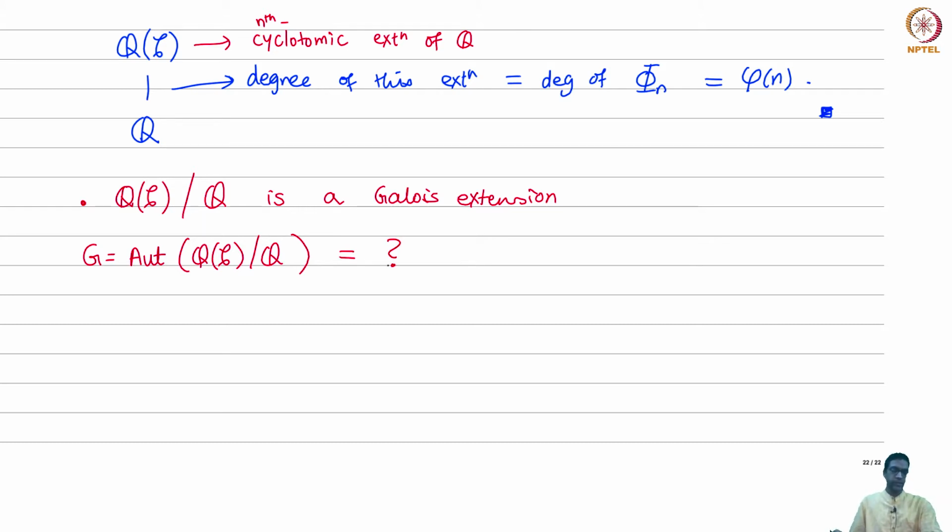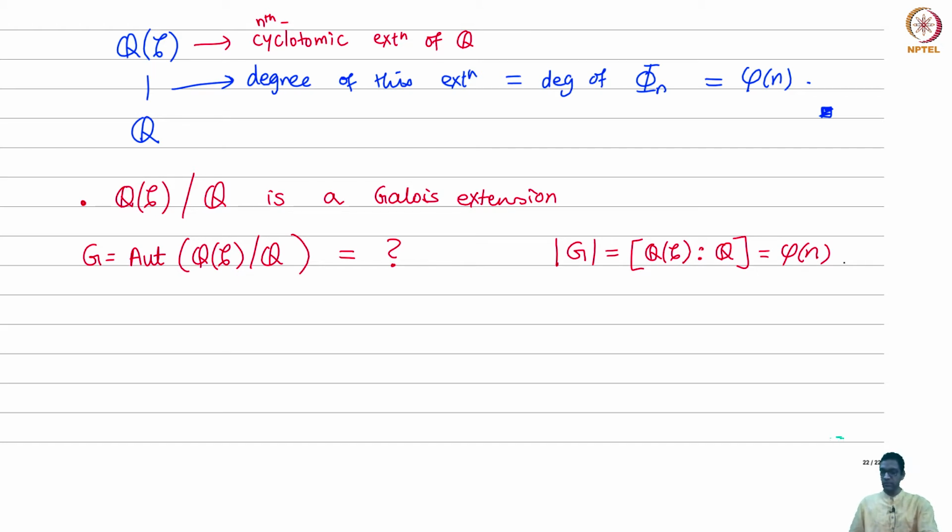We know something about it from the fundamental theorem of Galois theory: the cardinality of the Galois group is the degree of the extension, which is phi(n), the Euler totient function of n.